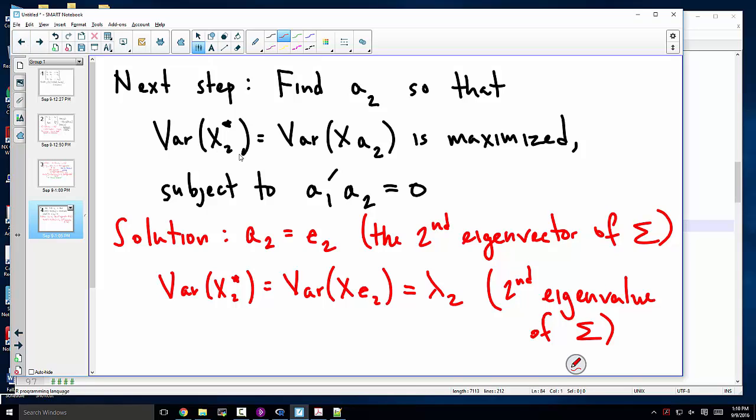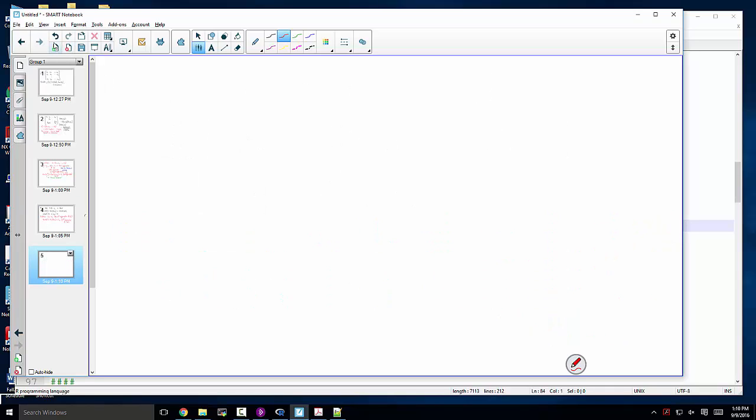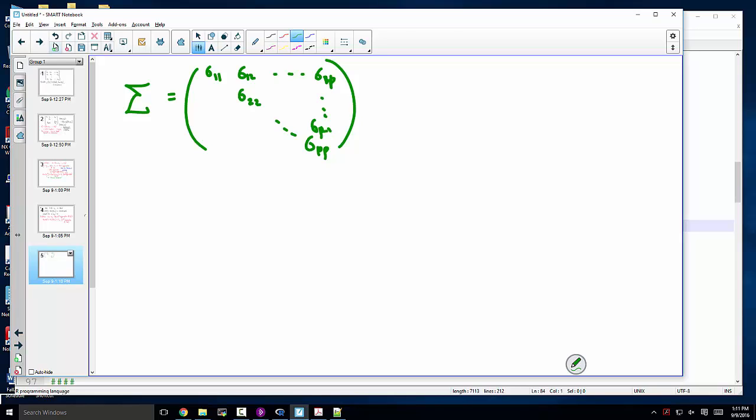Okay, let me say a couple more things real quick here. So we have capital sigma, that was the covariance matrix. We have variances down the diagonal for each of the p variables, and then covariances out here. Imagine taking the sum of the diagonal.